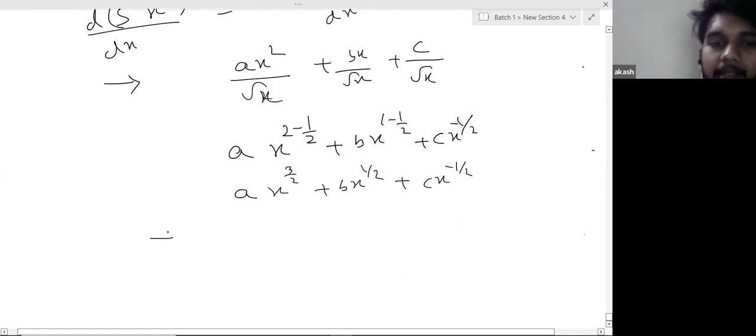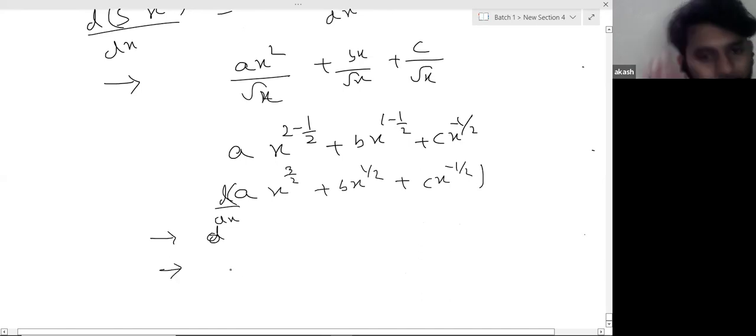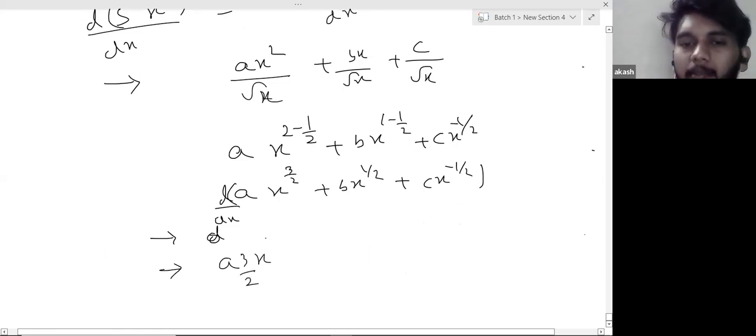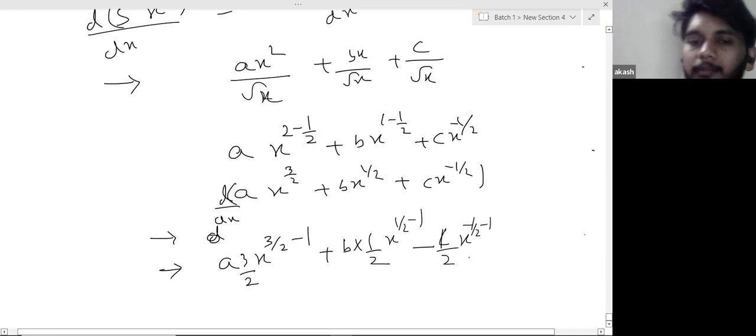Now we can differentiate this. So d by dx of this whole, we can differentiate them as usual. This is a into n into x raised to the power n minus 1, plus b into n into x raised to the power n minus 1, minus c by 2, where this half is multiplied, x raised to the power minus half minus 1.